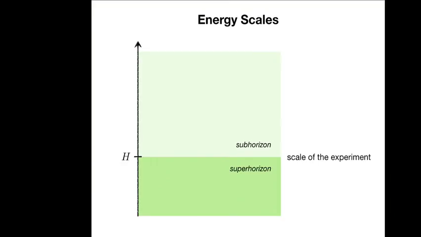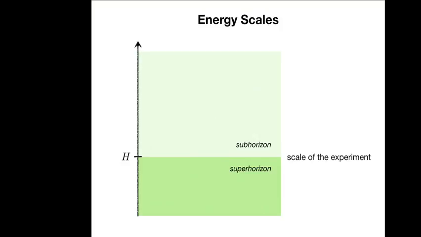So let me go through the different types of energy scales that you have when you do this dimension reduction from 10 dimensions to 4 dimensions. So the first energy scale is the one I mentioned before already. We have the Hubble scale that determines when fluctuations during inflation are inside or outside of the horizon. So if I'm plotting energy scale on the vertical axis here, then high frequency modes are deep inside of the horizon, so sub-horizon modes, while low frequency modes are super-horizon.